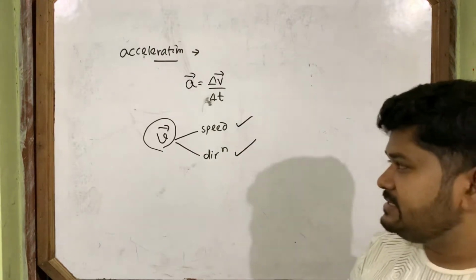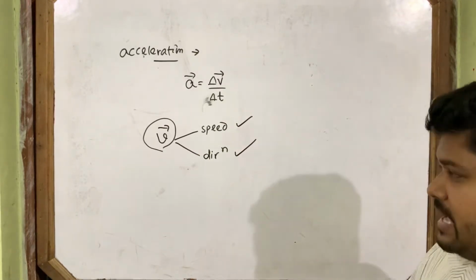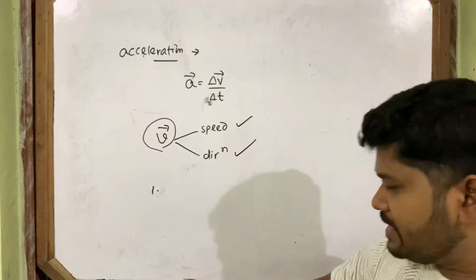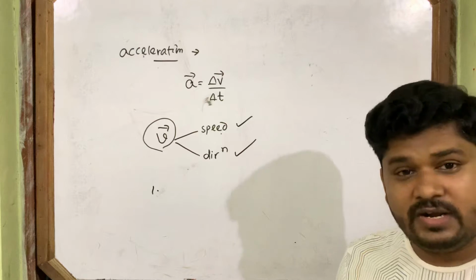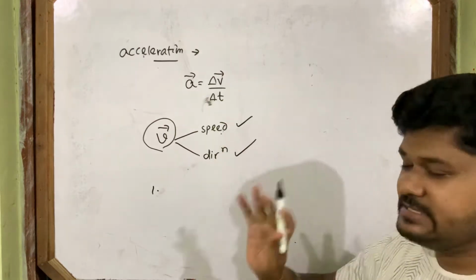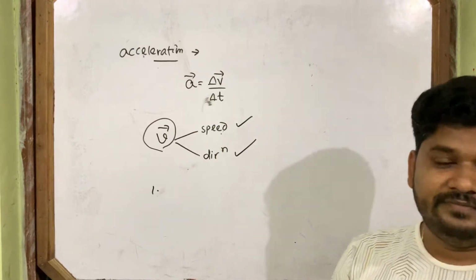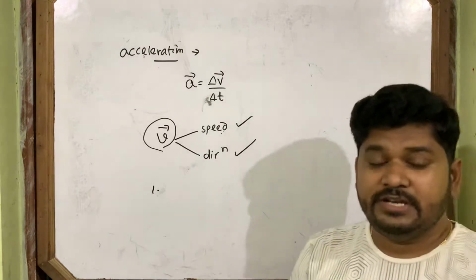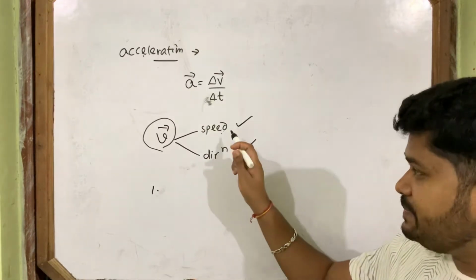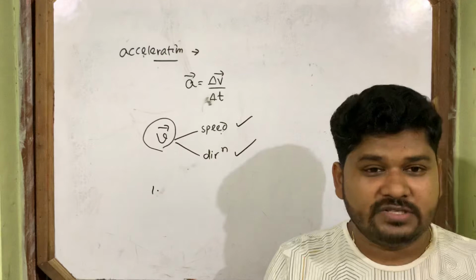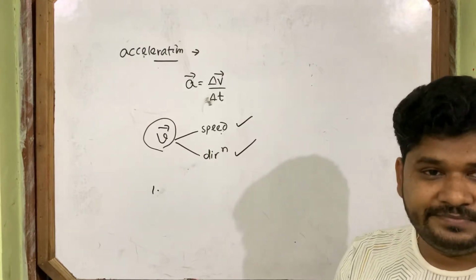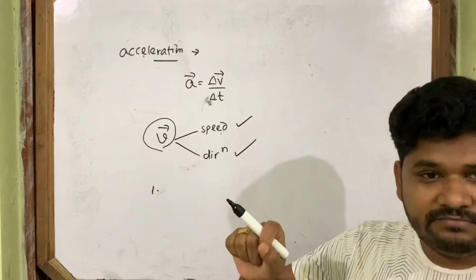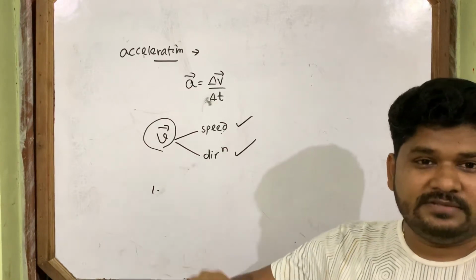Let's discuss examples of this. First, speed changes, either increases or decreases, but direction is constant. Let's discuss an example from your day-to-day life where speed changes but the direction remains constant. Suppose you start a vehicle and immediately turn the accelerator.